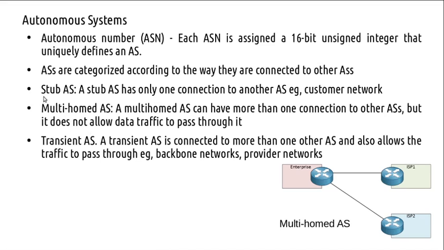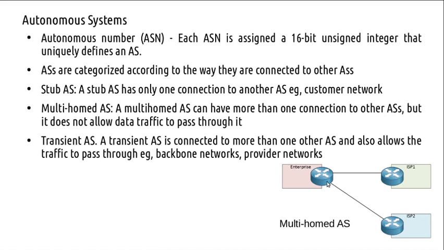That's the problem. You have different types of autonomous systems. One is what you call a stub AS. A stub AS is something which is connected only to one other AS. Just like we are a stub AS, you can regard it like that. So it's a customer network. Our case can be a stub AS.